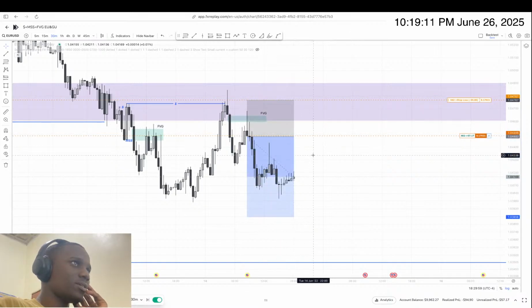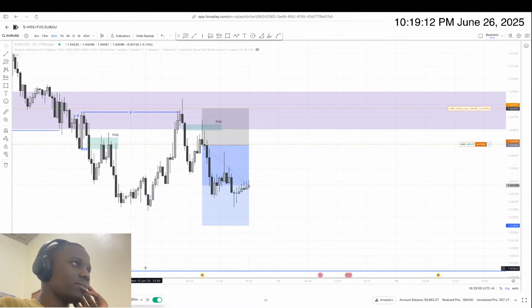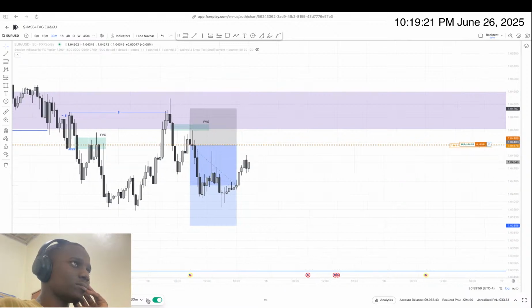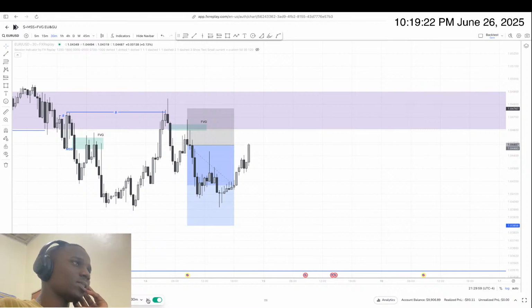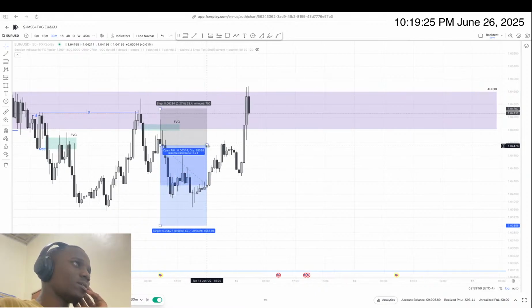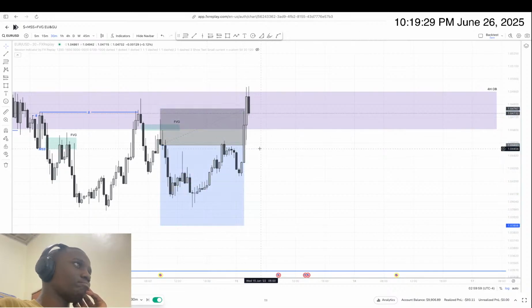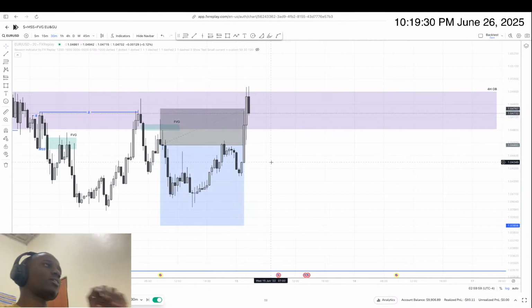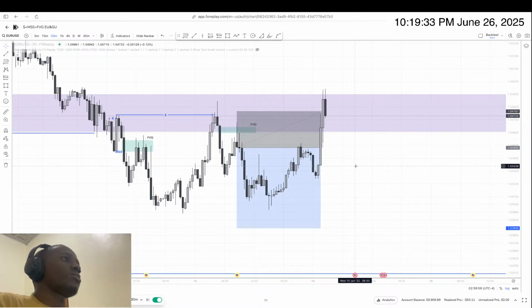Come on, I thought the party just started. Let's protect our capital and put a stop loss there. Come on. Okay, well, it ends up shooting higher. Didn't have to take profit, but yeah, it is what it is.